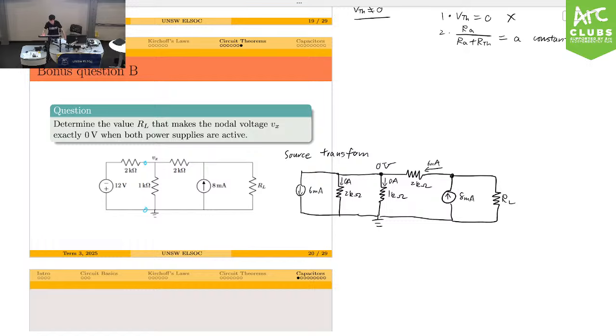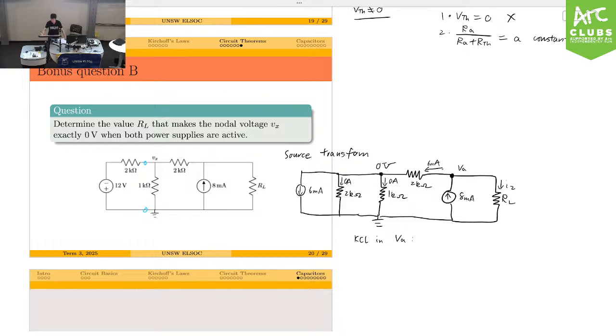So we have a node here. Let's call it VA. So KCL at VA. Let's label this, I'll just label it in another direction for no good reason. So that's I2. And what do I have as I1 here?